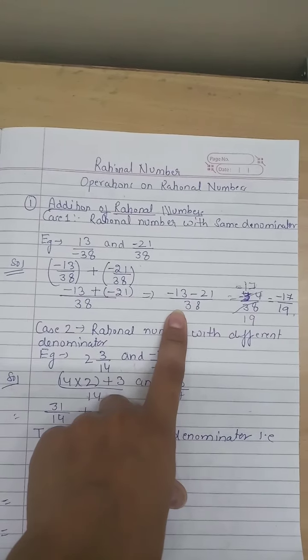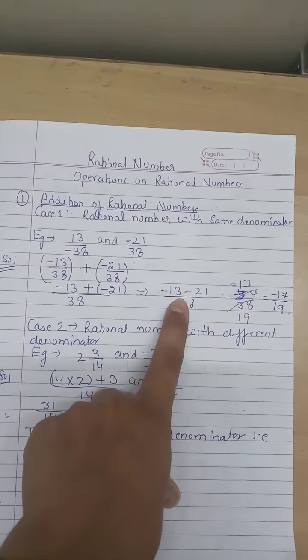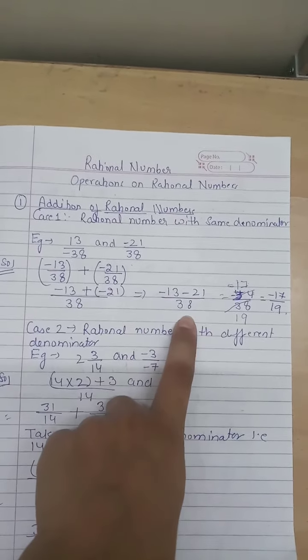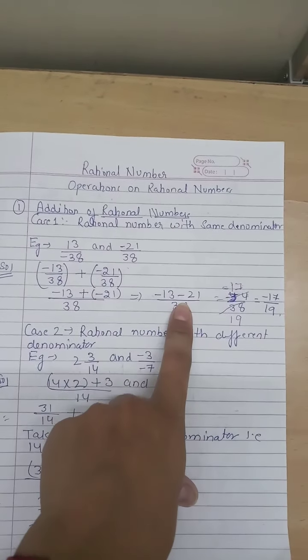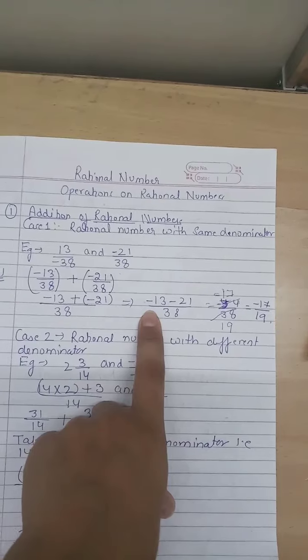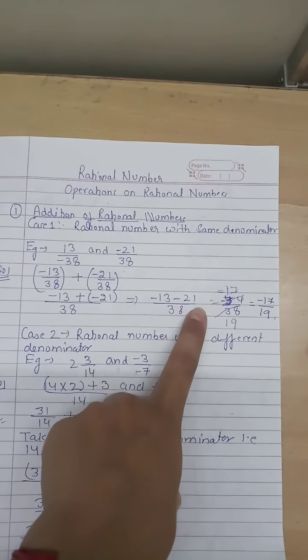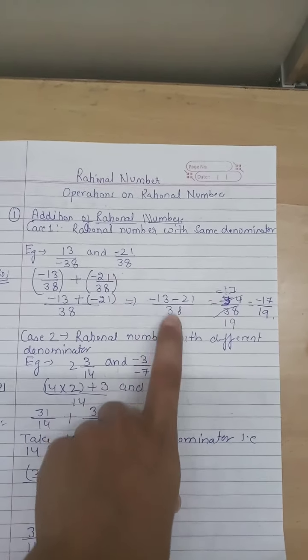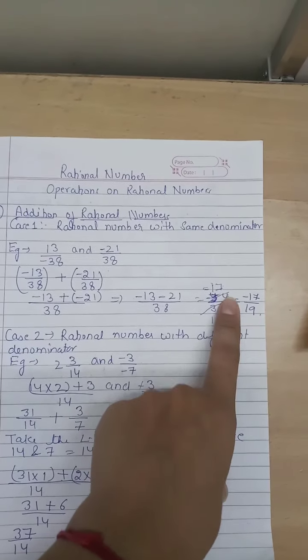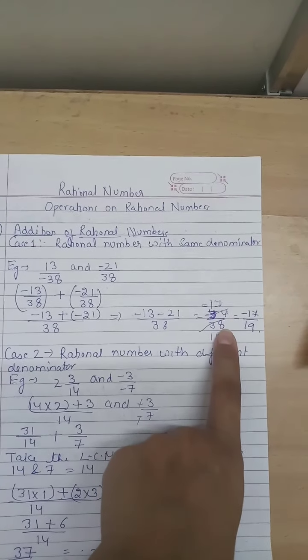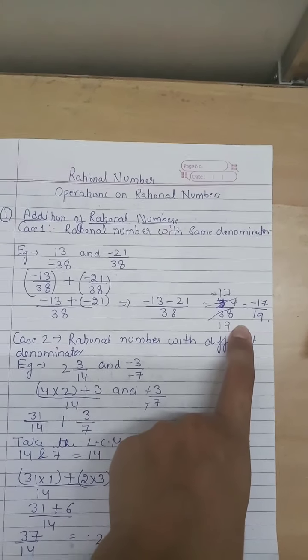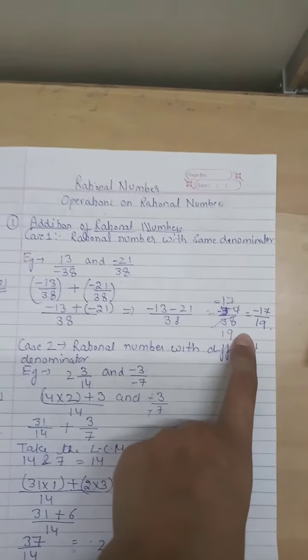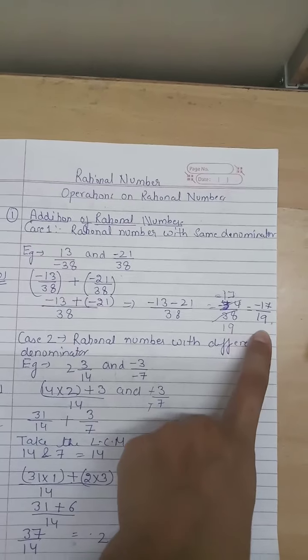When you simplify it, it will be minus 13 minus 21, as positive into negative is always negative. Thus, minus 13 minus 21 will be added with the negative sign upon 38, that is minus 34 upon 38. When you simplify it to the standard form, it will be minus 17 upon 19.